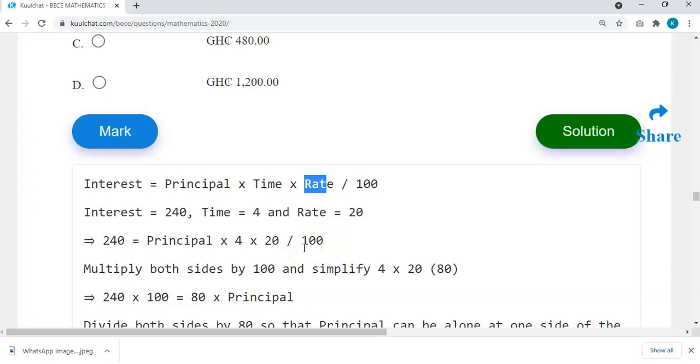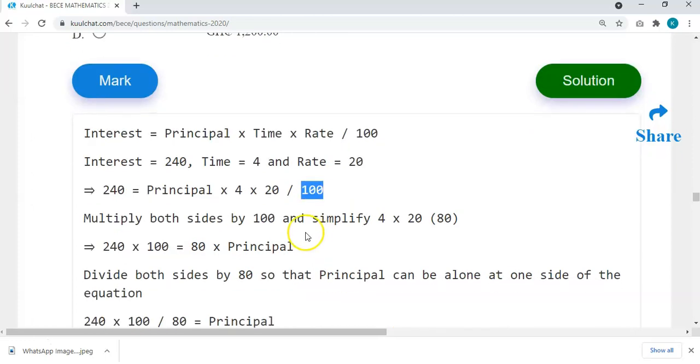Okay, so now we can simplify. To get rid of this 100 dividing, like I always say, you just find the LCM of each part of your equation. Now 240 is the same as 240 over 1. Then this one, everything is divided by 100. So the denominators are 1 and 100.